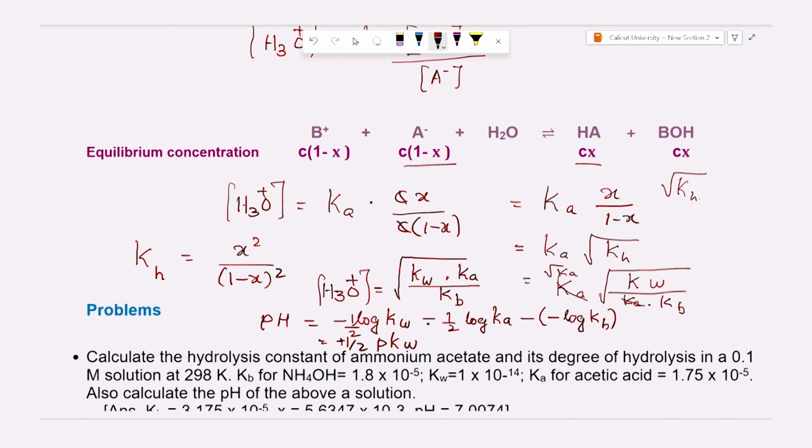Now, again here minus log Ka is taken out. So, I have plus half pKa. Here again, this is half log, it becomes minus half pKb.